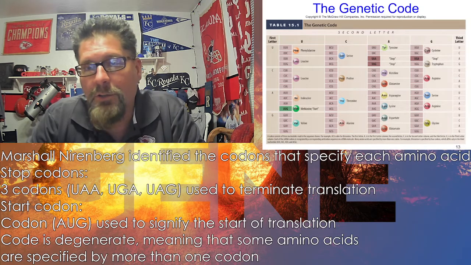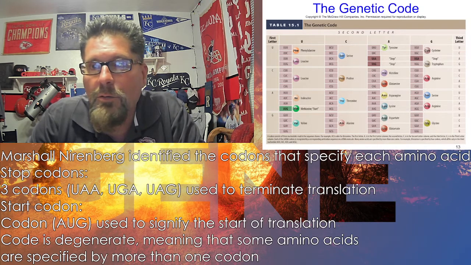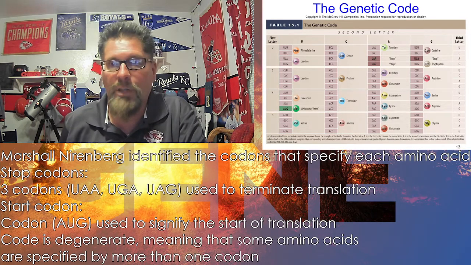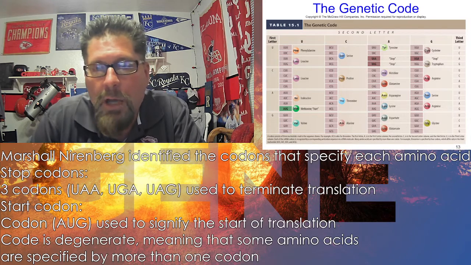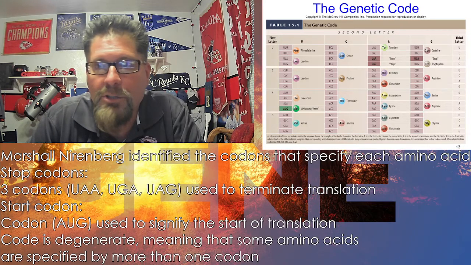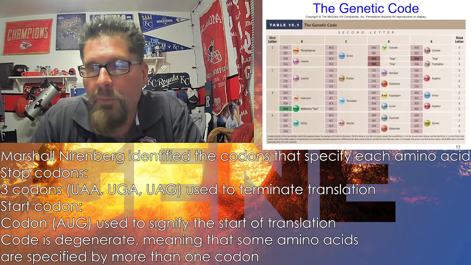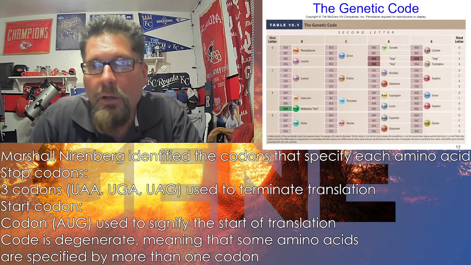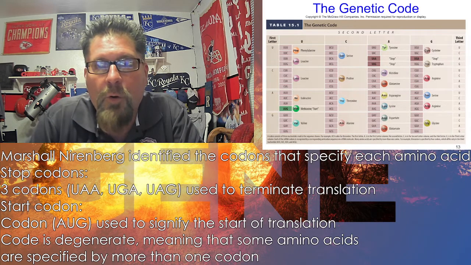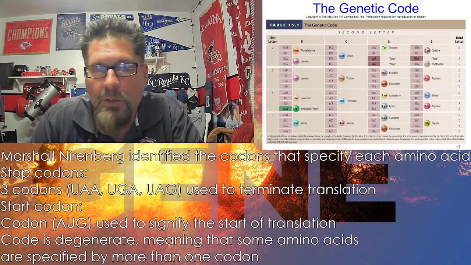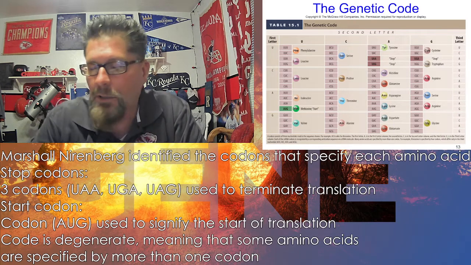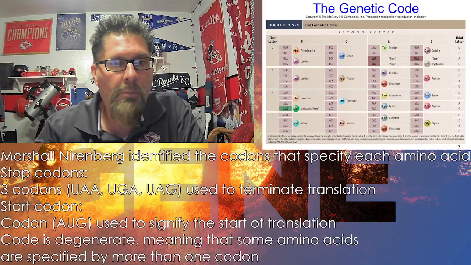That means the first 2 letters are the same, and then the last digit is separated. Maybe A and U code for this amino acid, and C and G code for that amino acid. And there are some, like in the very far right-hand upper corner, where there are 3 different things coded for amongst the 4 amino acids. So it varies greatly, but again, we'll look at one of these in class, up close and personal.